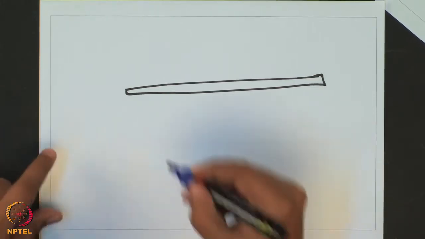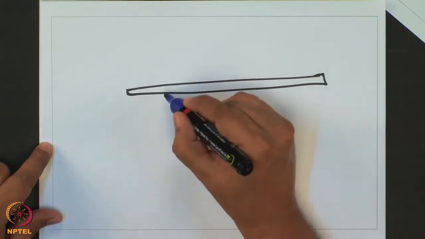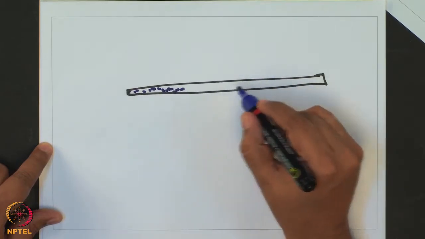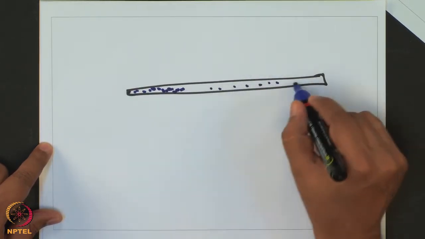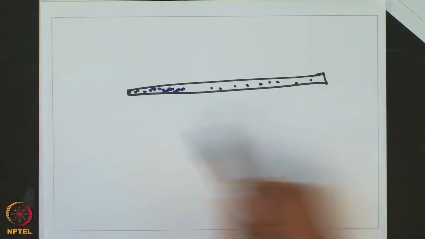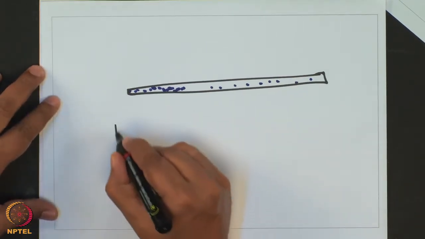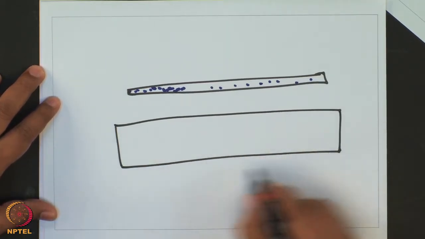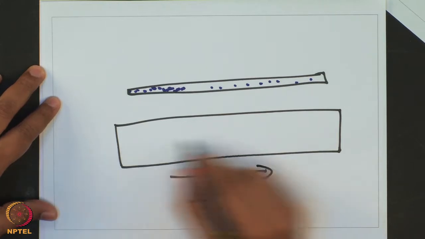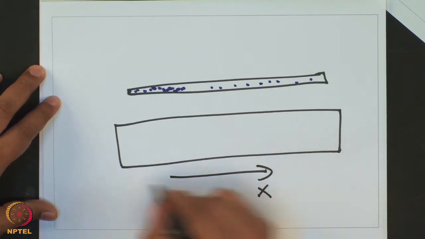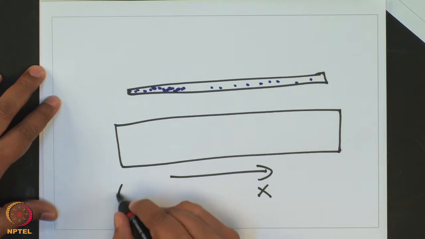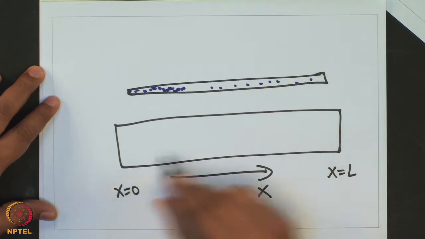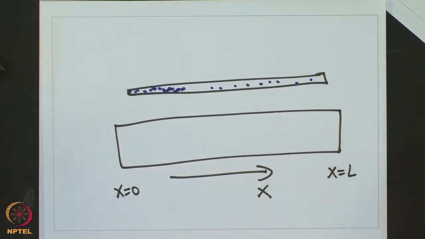Now if you think of concentration here, let us say there is very high concentration of something here and very small concentration of something here. For the purpose of description, let me draw this big. So we have essentially a one-dimensional line, which I would call x, along x. So this is x equal to 0 and this is x equal to L. So along this, there is a very long thin line.